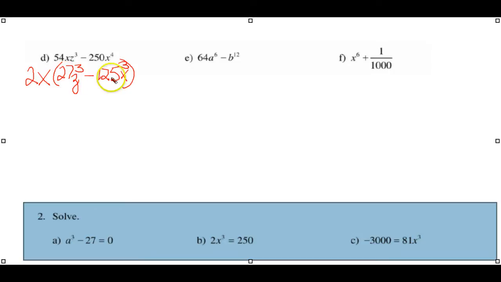Now, this is the difference of perfect cubes. So we go 2x, then a parenthesis for 2 terms, and a parenthesis for 3 terms. Let me give you a chance to do it.